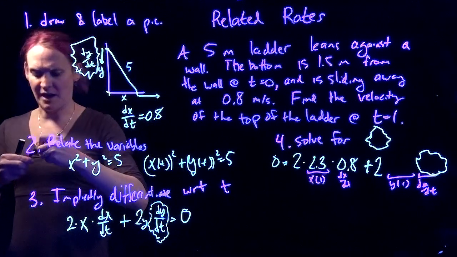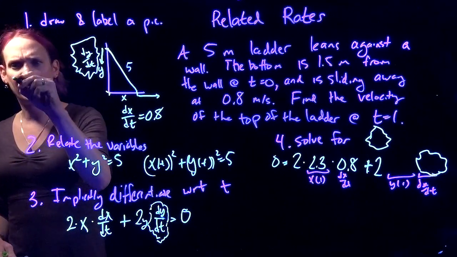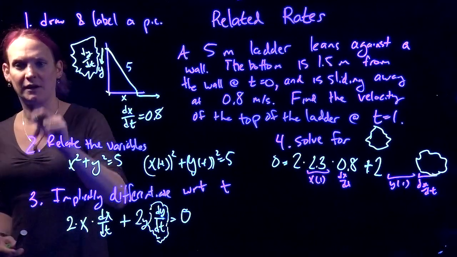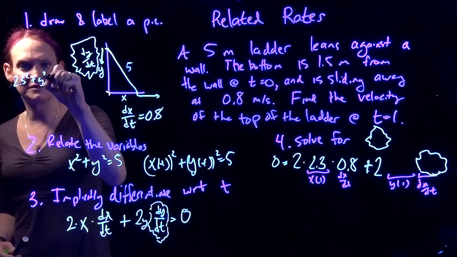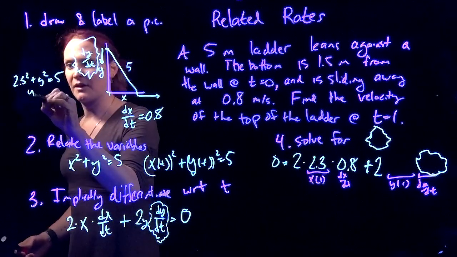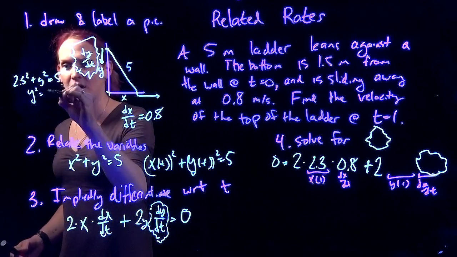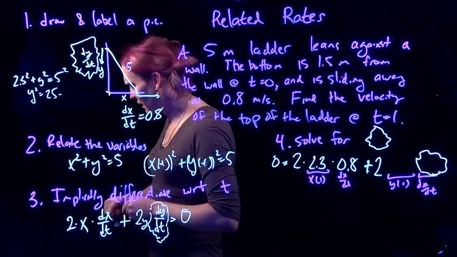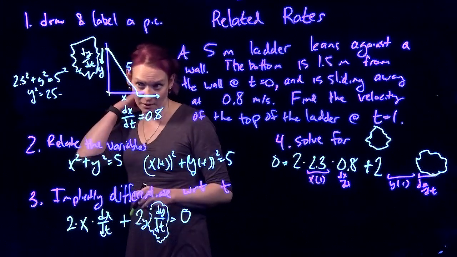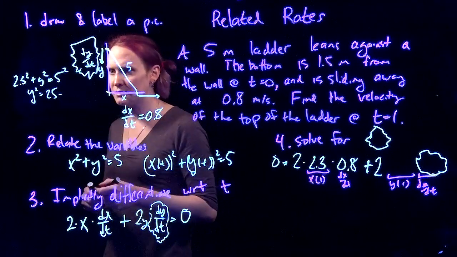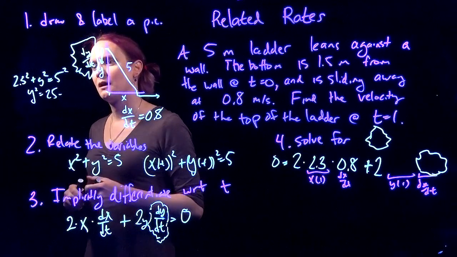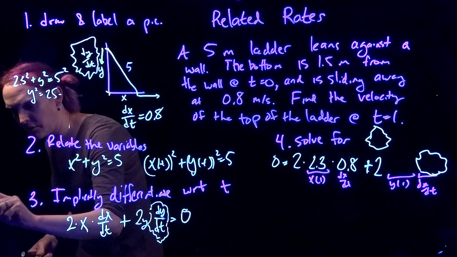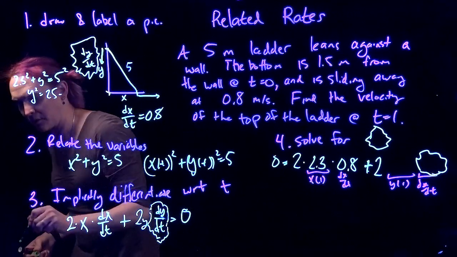Okay, so I know that 2.3 squared plus y squared equals 5 squared, which means that y squared is equal to 25 minus 2.3 squared, and 2.3 squared is 2.3 times 2.3.